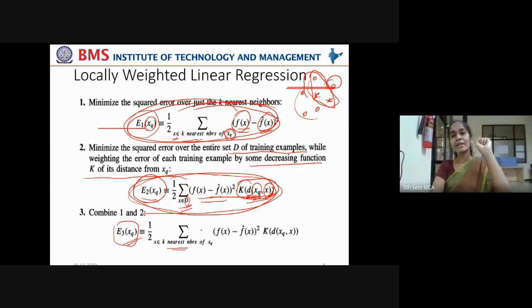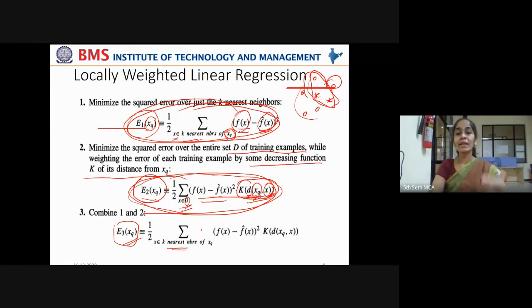Initially, we calculated the prediction error of only the k nearest neighbors. In the next step, we calculated the prediction error over all the training examples by associating a weight to each of the instances based on its distance from the new instance. Now combine both of them.